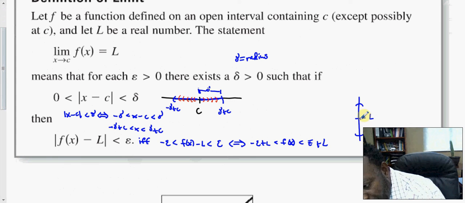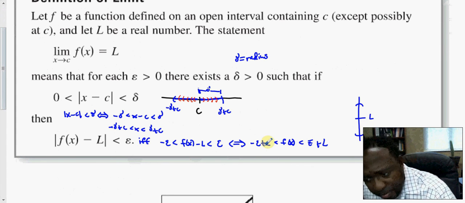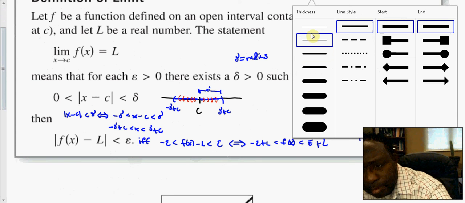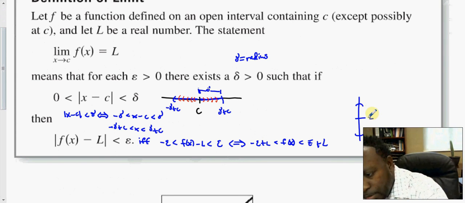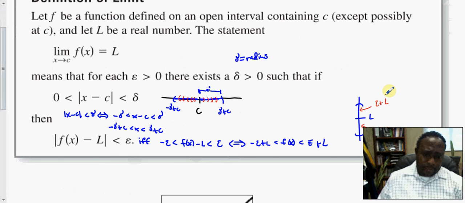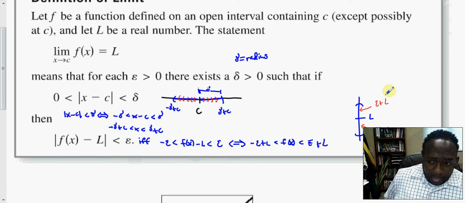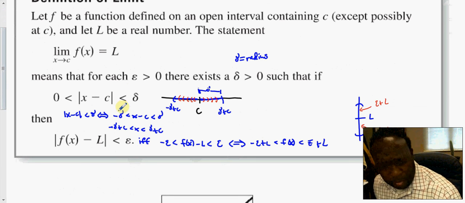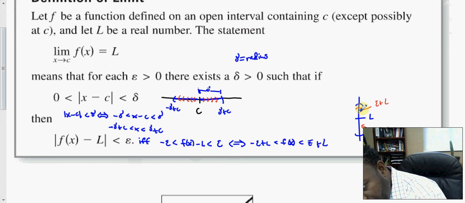So below it, we say that this area is said to be the negative epsilon plus L. And then the area above is the epsilon plus L. And in this neighborhood, our goal again is to, as you shrink for the x value, as you shrink delta, does that also imply the shrinking of the epsilon?